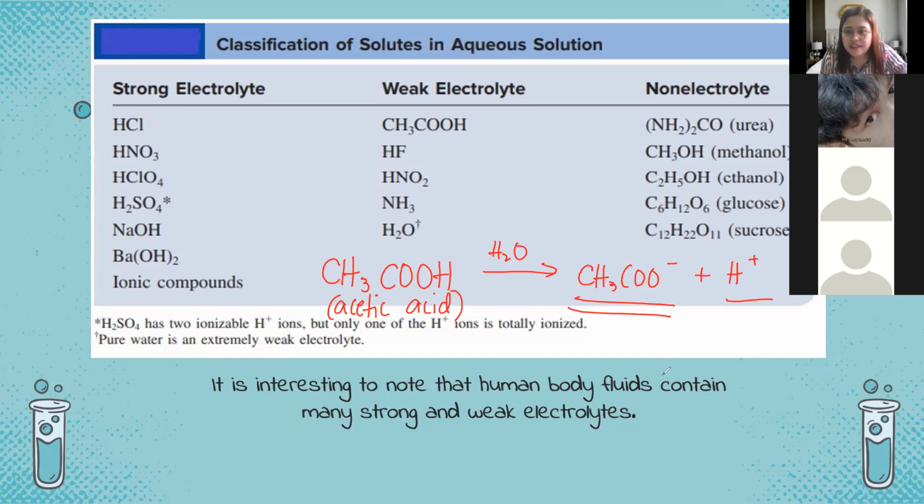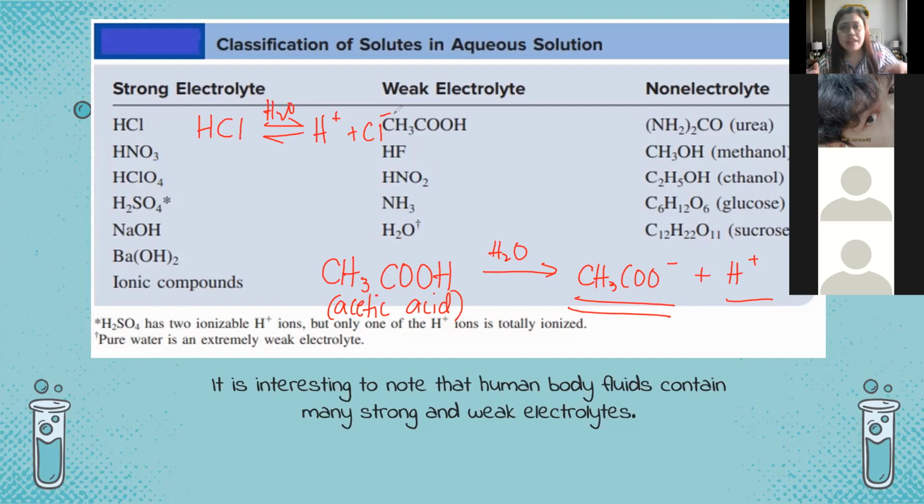So look at the acetic acid, CH3COOH. You have a lot of components there na hindi naman nag-ionize. So hindi kagaya sa part ni HCl na lahat talaga H and then Cl. So there is complete ionization. That's the difference between a strong electrolyte and a weak electrolyte.